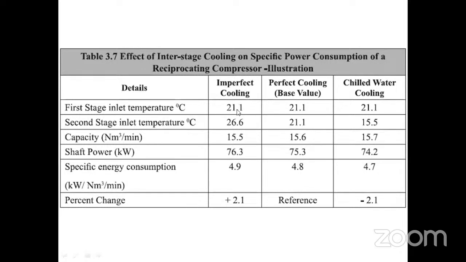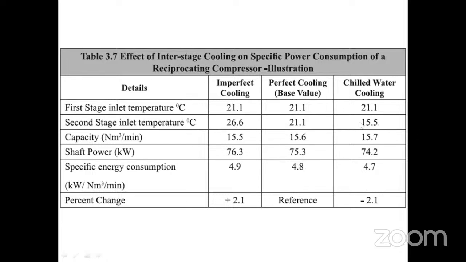Imperfect cooling: first stage inlet temperature is 21, and the second stage is 26. Capacity is 15.5, shaft power is 76.3. The capacity increases when the second stage temperature is brought down to 21.1, whereas in this case the second stage temperature is 26.6.